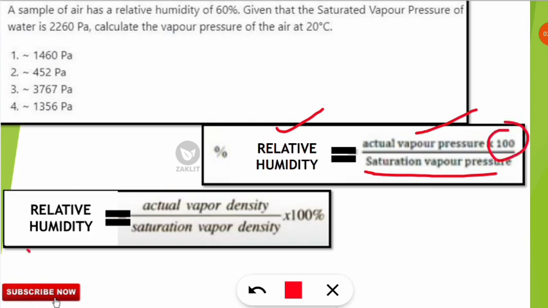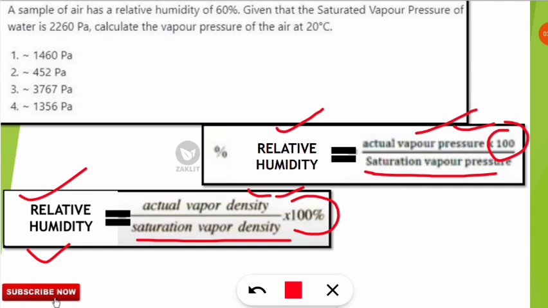Similarly, relative humidity can also be found with the help of density: actual vapor density divided by saturation vapor density, multiplied by 100%, will also give the relative humidity. So these are two different formulas, one with the density, another with the pressure.